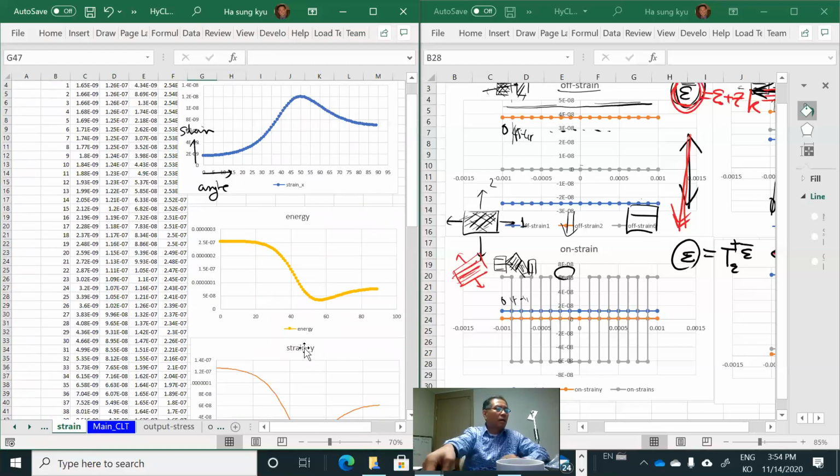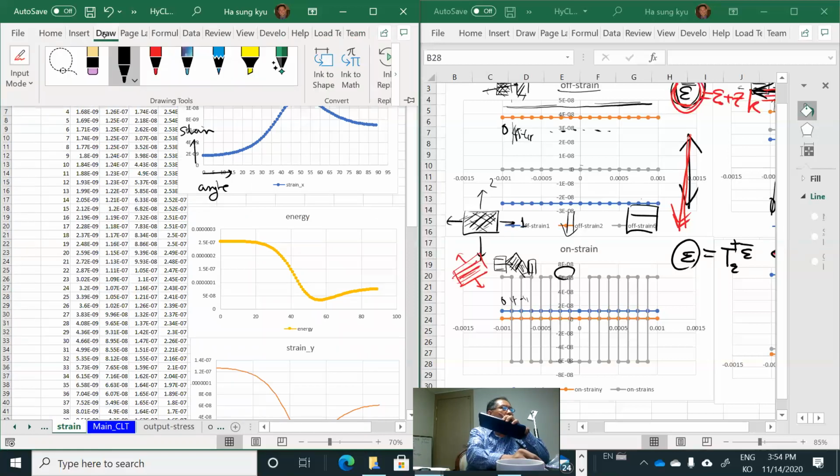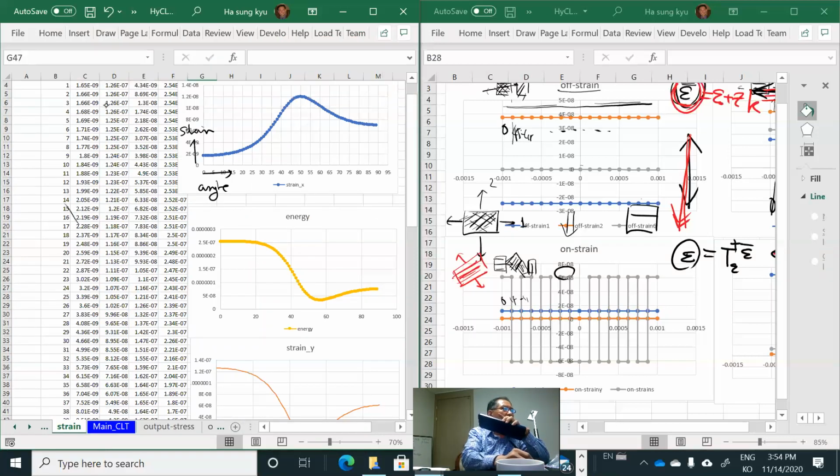So again, each one, say this is the theta, and this is the epsilon X and epsilon Y, and this is all the shear.